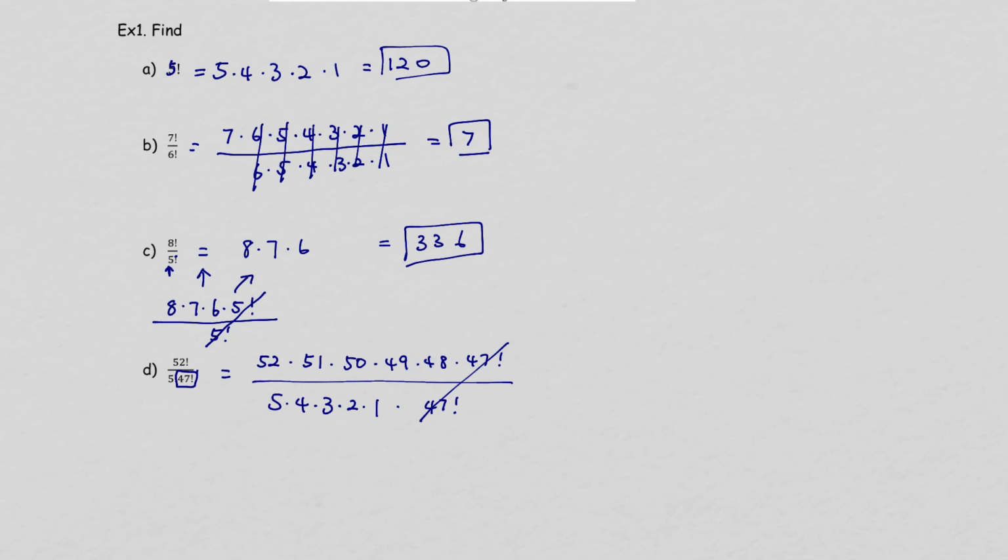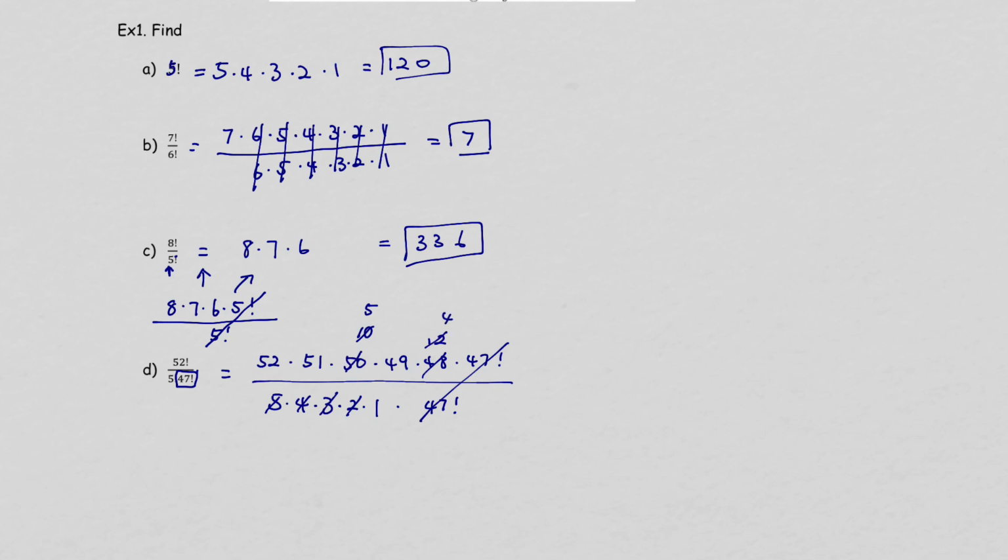You could use a calculator to do that, or reduce. So 5 goes into 50 10 times. 4 goes into 48 12 times. 2 goes into 10 5 times. 3 goes into 12 4 times.